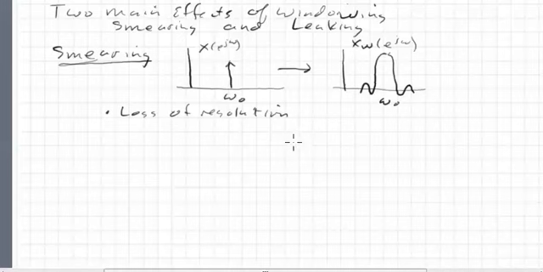What I mean by a loss of resolution is that we lose the ability to detect if there are actually two lines or more lines present.